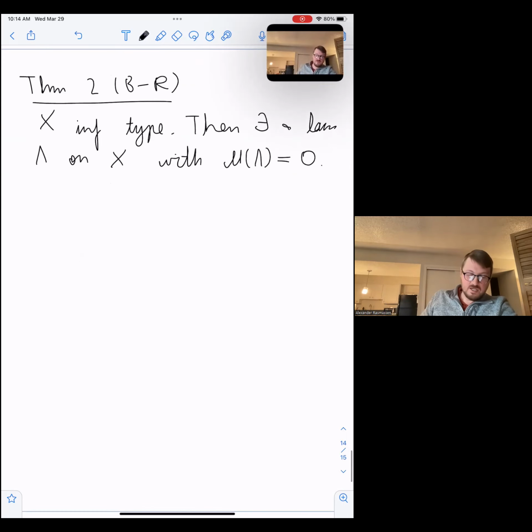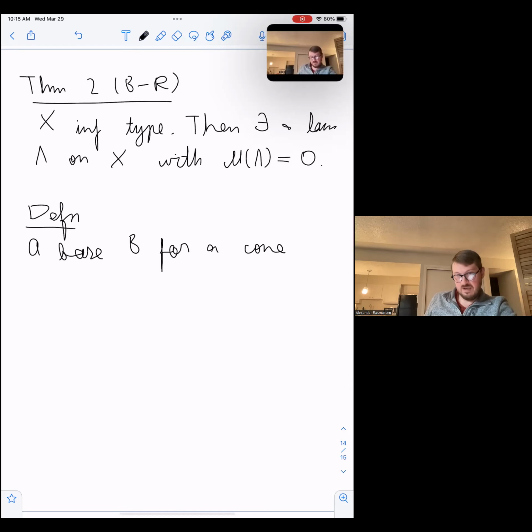And then for the last couple of theorems, I'm going to work on building up a better picture of the shape of these cones of transverse measures. And we're going to study them using their bases. So a base is basically the natural notion of a cross-section for a cone.